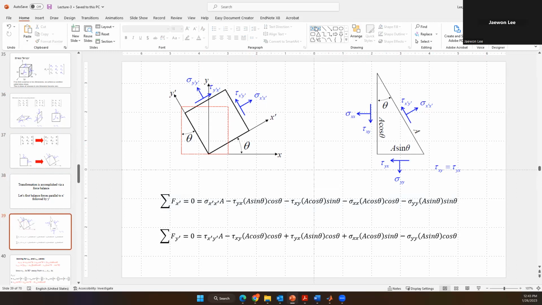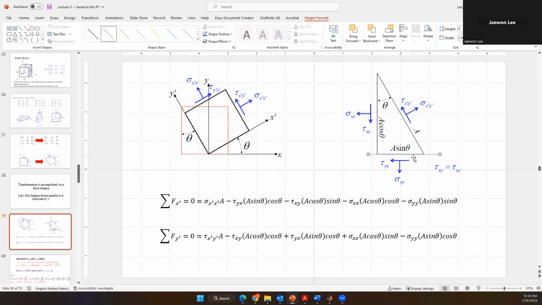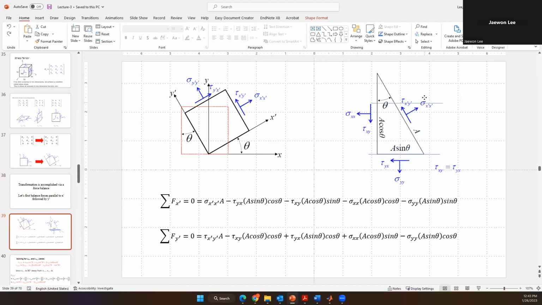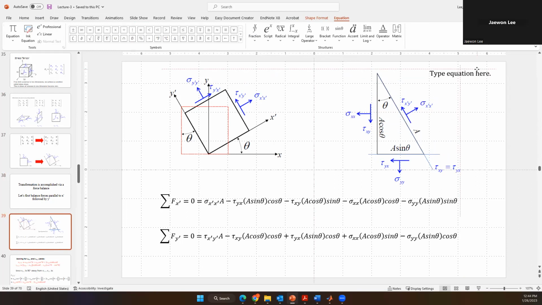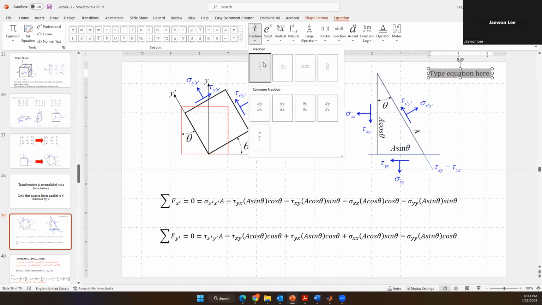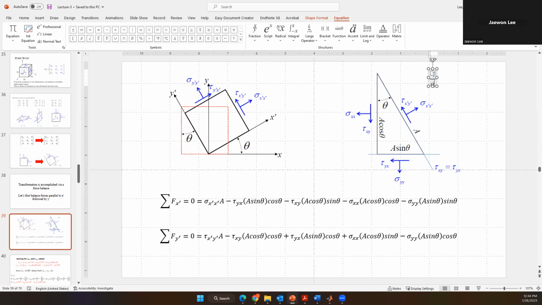I'd like to explain the area first. This is the area of the yx plane, and this is the area A, and it is related to theta.